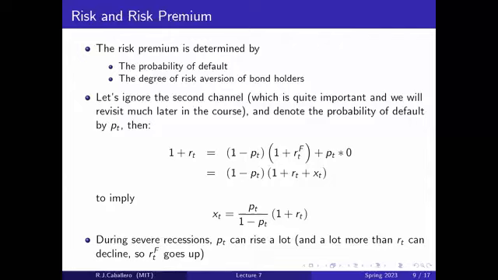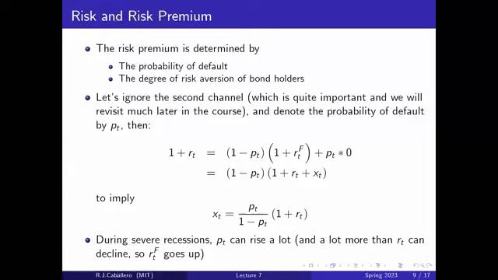So by the same principle we had before between nominal and real bonds, I need to be indifferent. In equilibrium, I need to be indifferent between investing in treasury bonds, the safe bonds that pay an interest RT, and investing in risky bonds that are paying an interest rate RF, which is greater than RT.